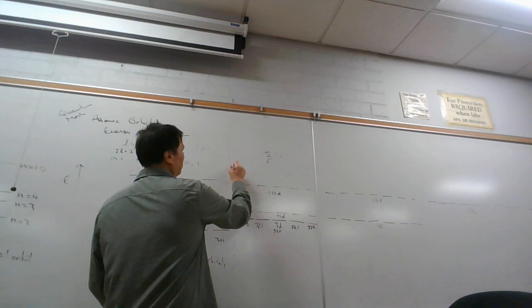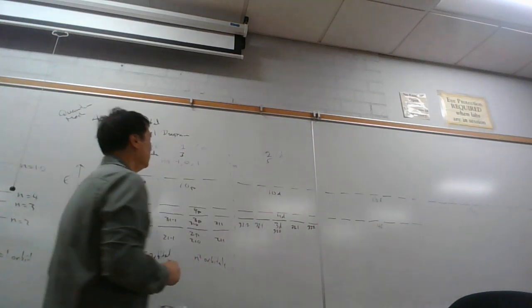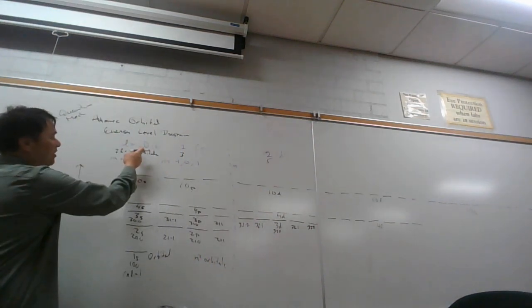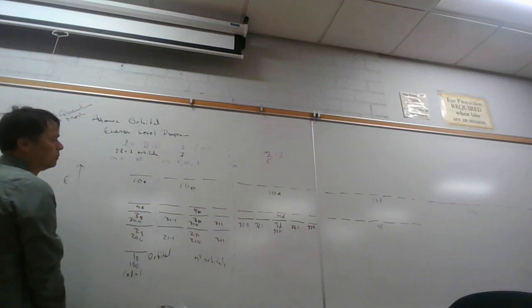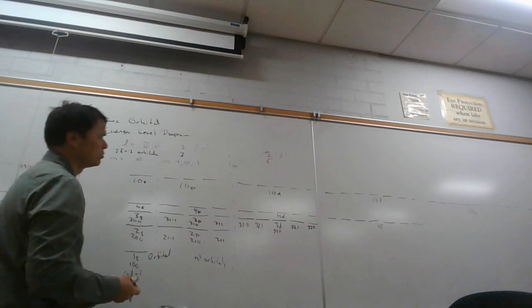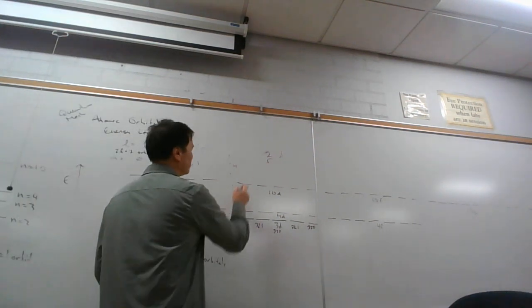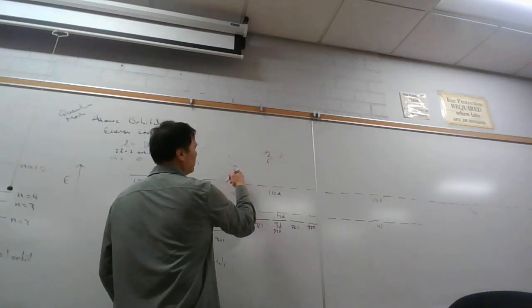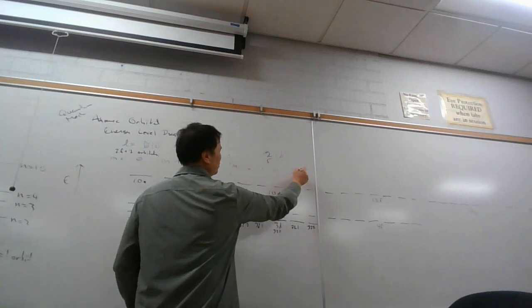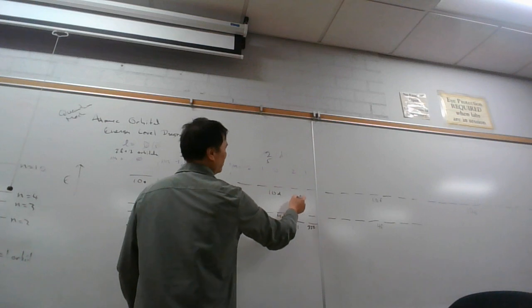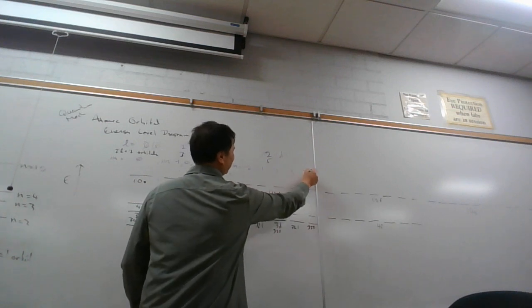There are different names we call these. L we call the angular momentum quantum number. M we call the magnetic quantum number. There are physics origins for these, which we aren't going to talk about. But this is going to vary from -2, -1, 0, 1, and 2.